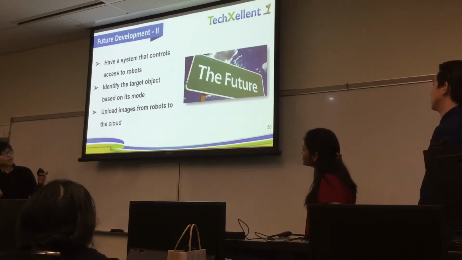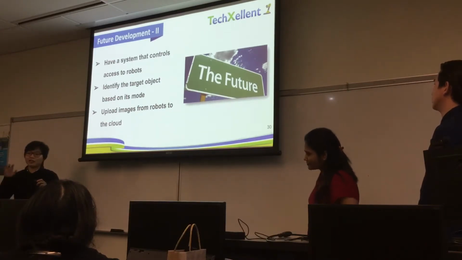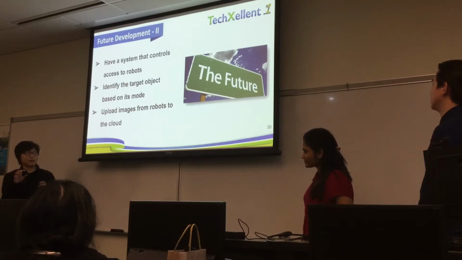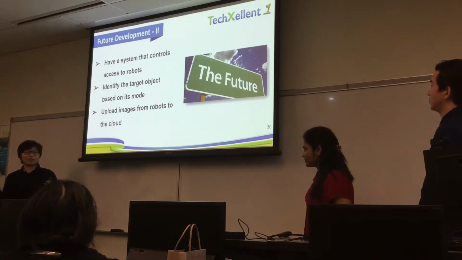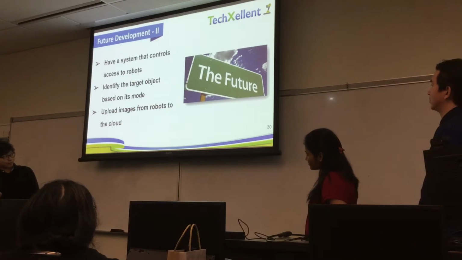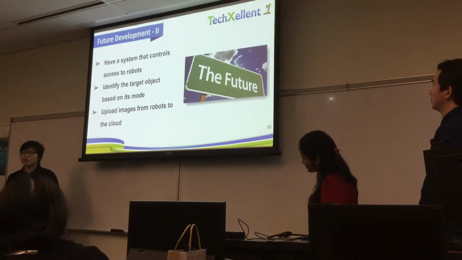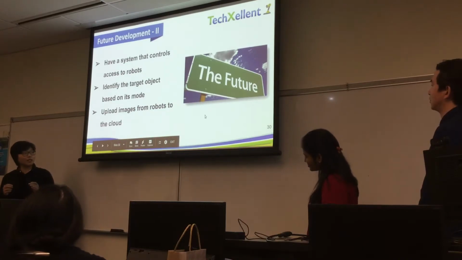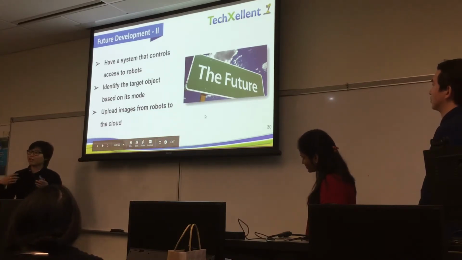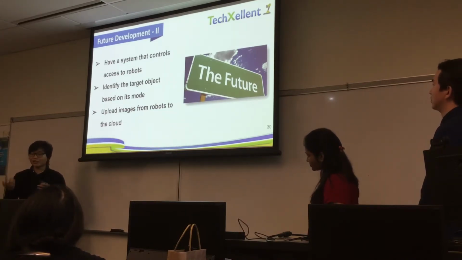Right now we are only focusing on identifying one target object, but in the future it can be expanded to identifying objects based on their shape, like circular or any 2D shape or something. And right now we are only saving the image files that we can use for comparing to get the target object.